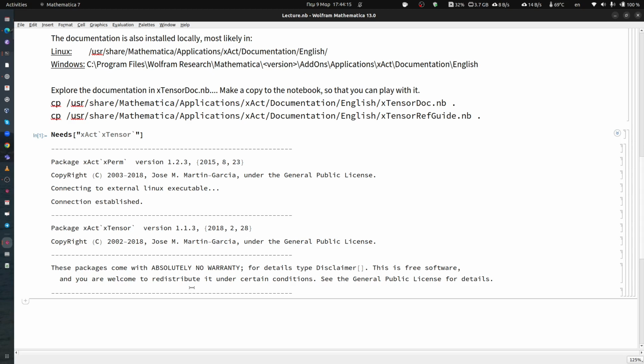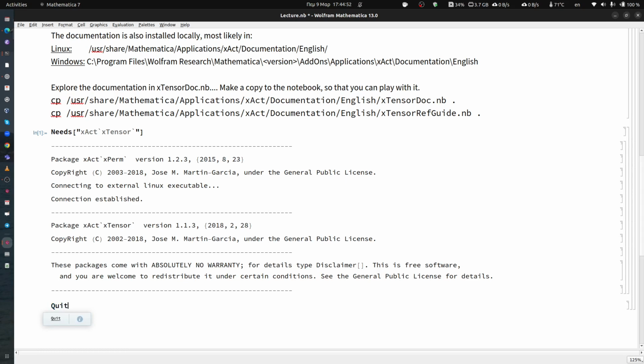Now, many times computations will go wrong or will get stuck, and you will need to restart everything. If you want to restart, you cannot just reevaluate the notebook, because there are many definitions that are done by the package. Of course if you read the detailed documentation, you'll find out how to undo all those definitions one by one, but it's usually quite complicated, and a much shorter way is to quit the kernel.